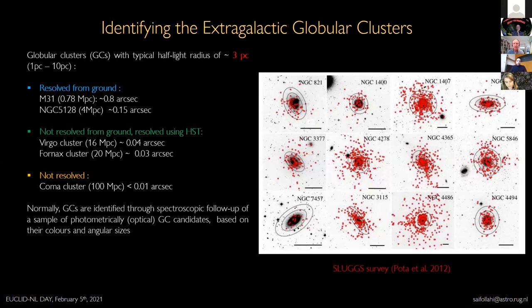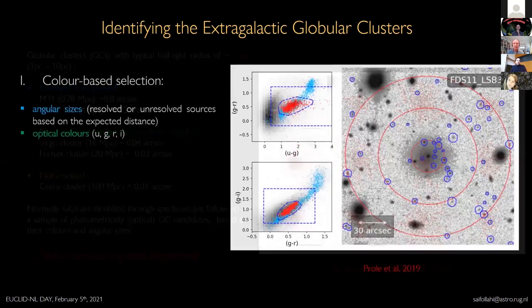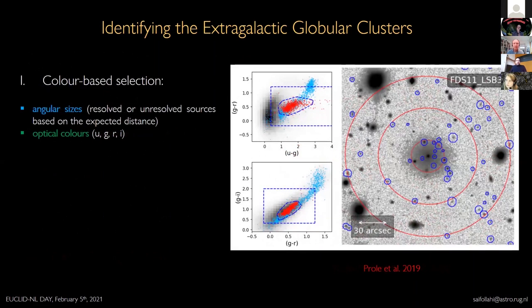Normally, globular clusters can be found by first doing a pre-imaging sample selection and then follow-up observations for spectroscopy. Then, when you have confirmation, you have your sample and you can do your science. But this procedure is somewhat expensive, so there have always been other methods to study globular clusters without going through all this trouble.